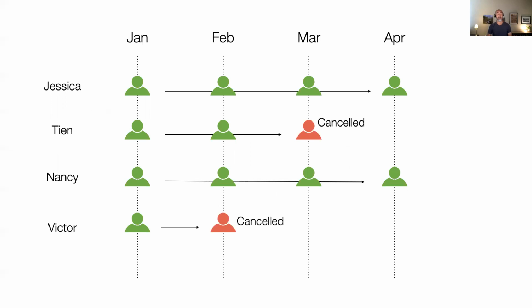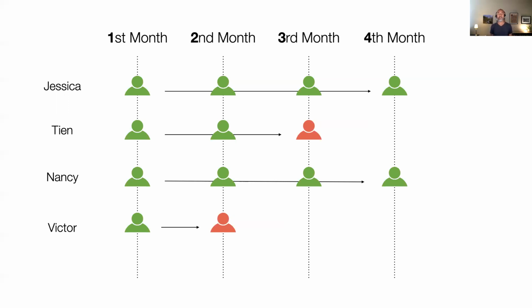The second from the top, Tiang, cancels in March. The last person, Victor at the bottom, cancels in February. But Jessica and Nancy have been using it through April. When we talk about survival analysis, we don't really care whether it was January or August or July.